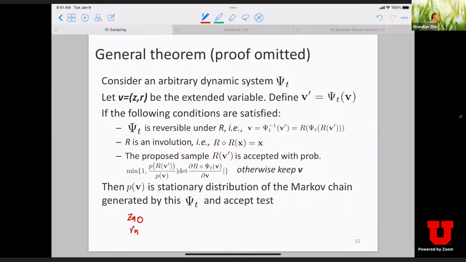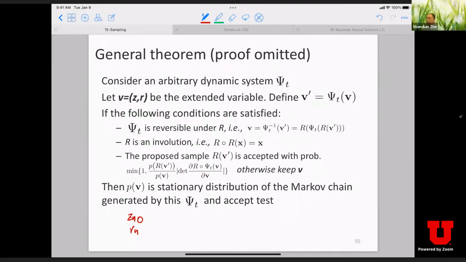This Rn is usually assigned some physical meaning, like momentum. In the Hamiltonian system, Zn corresponds to the position vector, which gives some potential energy, and Rn you randomly sample as the momentum, which decides the initial velocity, including both the speed and the direction. For other dynamic systems, you typically give a similar kind of augmented random variable as well.